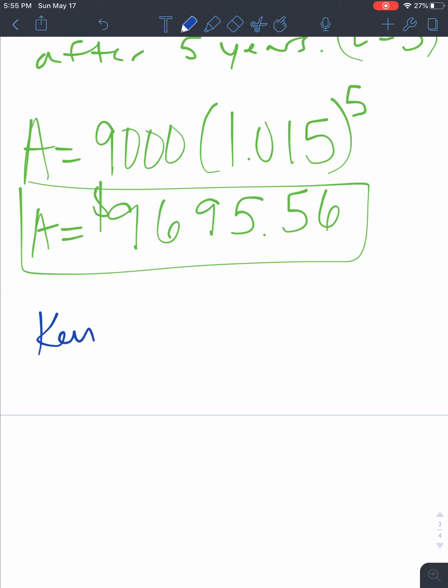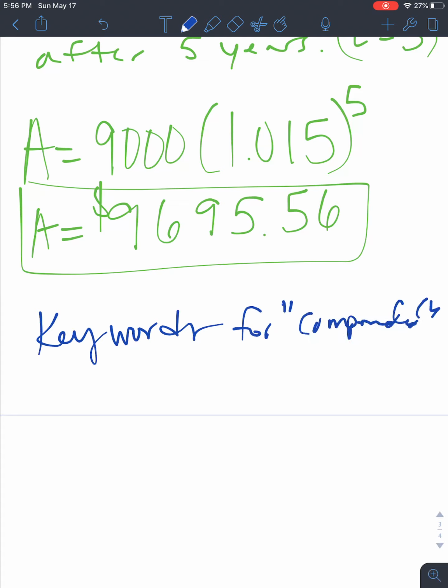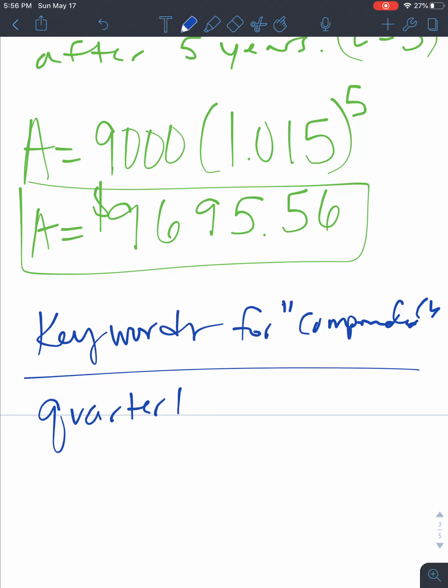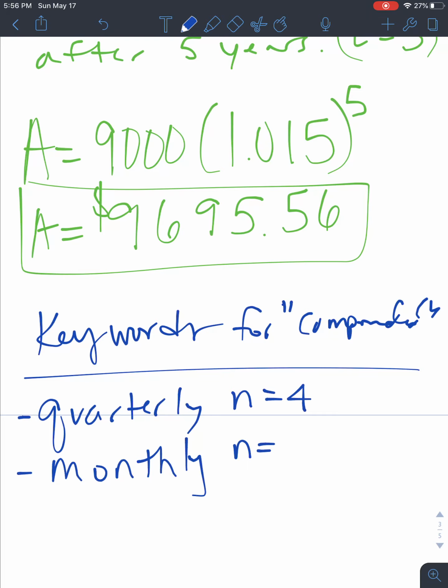However, there are some keywords that you might want to be in tune with for the compounded piece. All right, so you might see things like compounded quarterly. And if something's compounded quarterly, that means the N is 4. If it's compounded monthly, well, that means it's compounded each month.